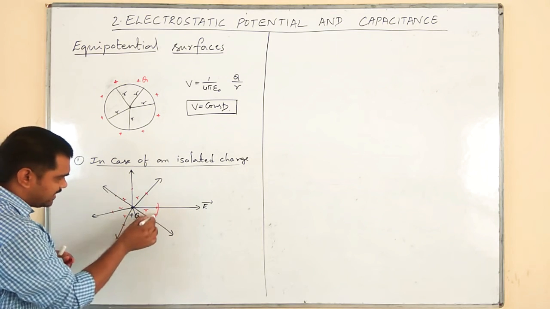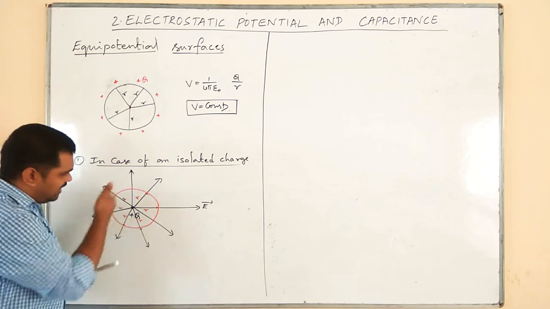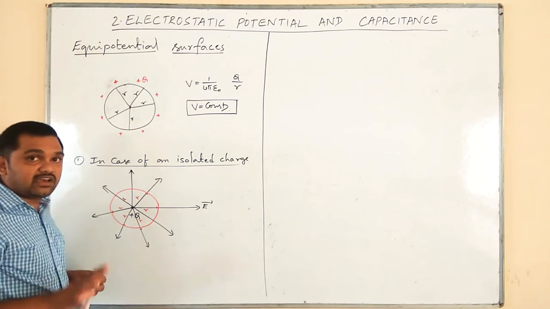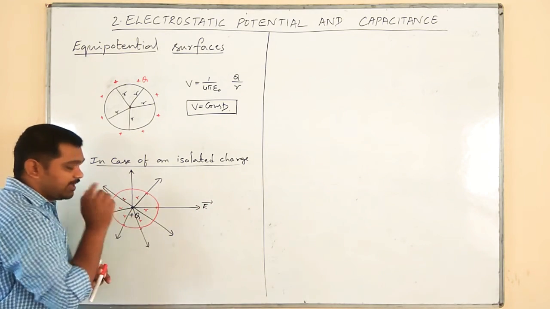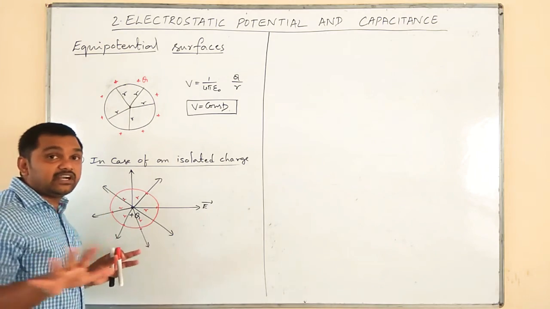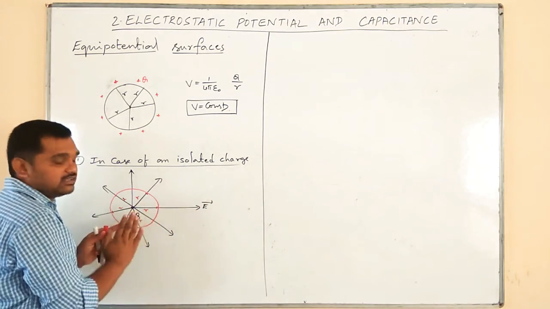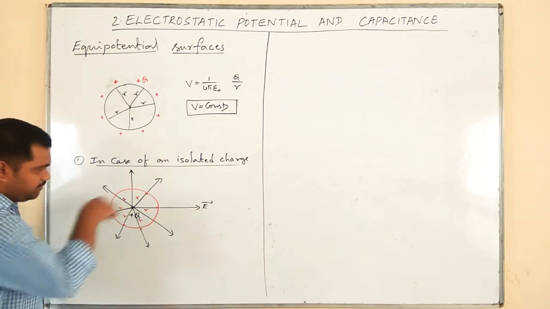what we get here is a sphere. On the board it looks like a circle, but strictly speaking it is not a circle, it's a sphere, because the electric field lines from an isolated positive charge are a three-dimensional picture. They are possible in all directions, along the x-axis, y-axis and also along the z-axis.